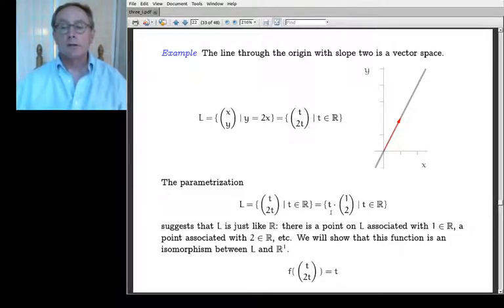There's a point on L associated with minus 1, namely minus 1 times (1, 2). That is to say that the parameterization suggests a just likeness. So again, we're using isomorphism to describe somehow just likeness. That the (1, 2) stays fixed and the t varies shows how this line is somehow like the real line, with only the letter t to describe it.